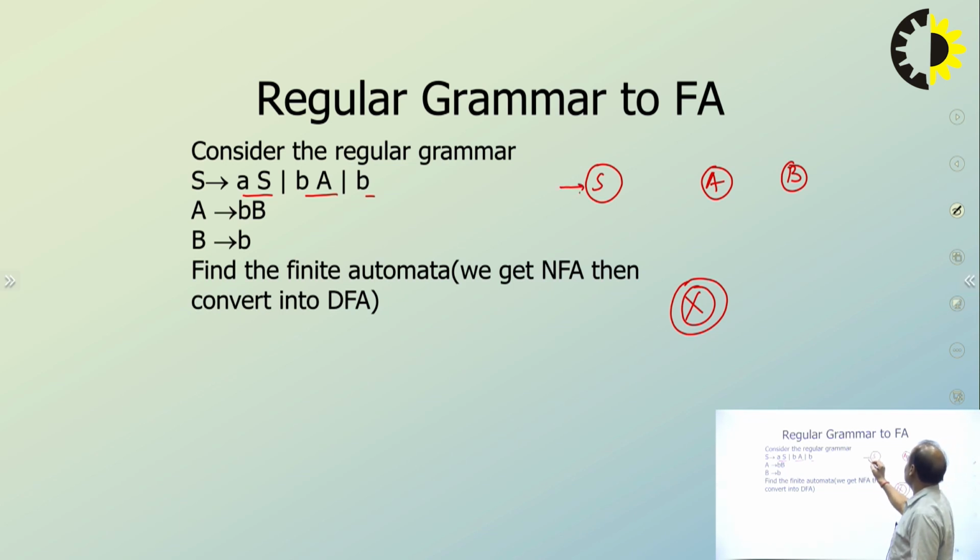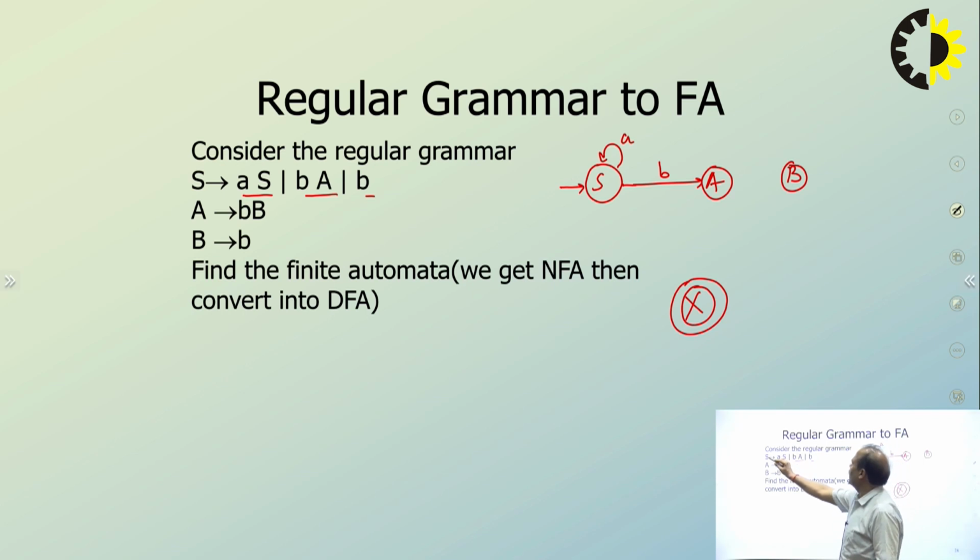This is the starting state. Reversing the construction, S goes to small a S, right here, and then BA, right here BA, same construction I am reversing, and then S goes to B, right? If you are checking S goes to B like this, this will go to the final state.